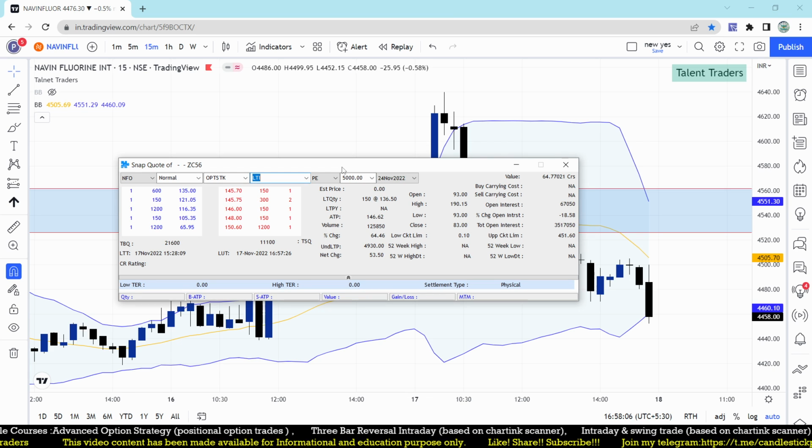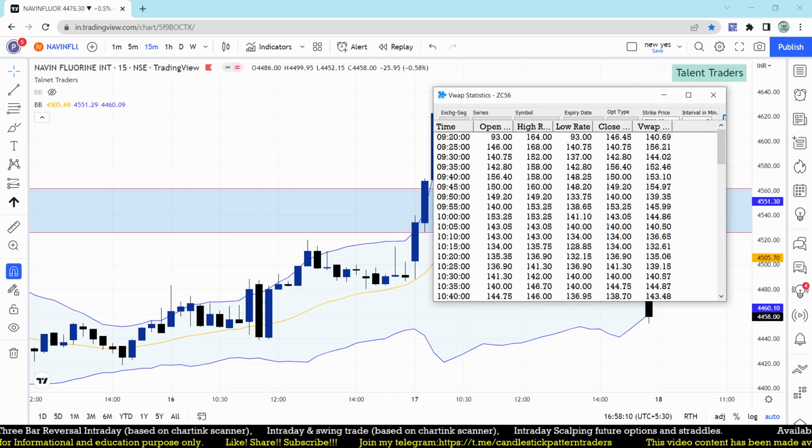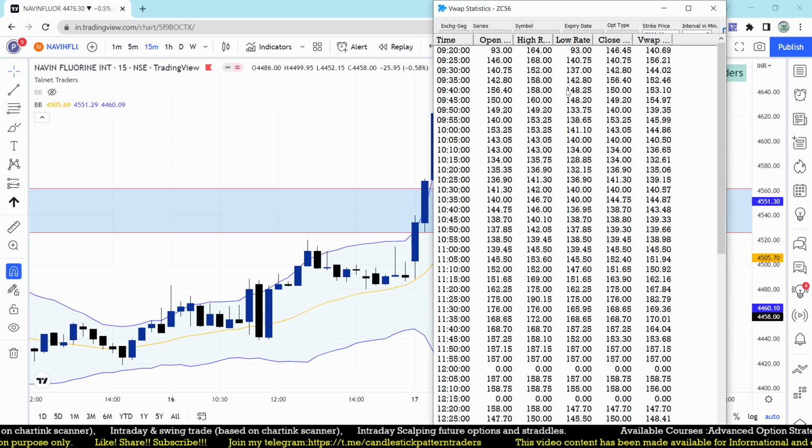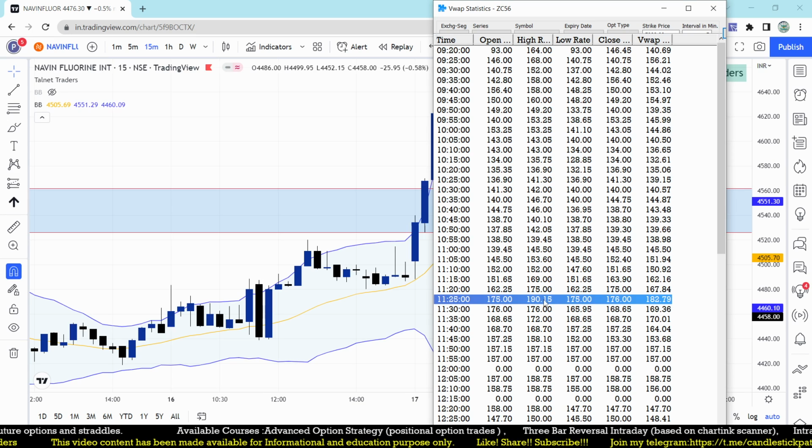The trade was not triggered until after 11 o'clock. The level we had marked above 168 got triggered around 11:15. We exited around 10:50 to 10:55 in the live session this morning on YouTube. Now it is at 169, and within 10 minutes this breakout trade is giving you more than 3,000 rupees.